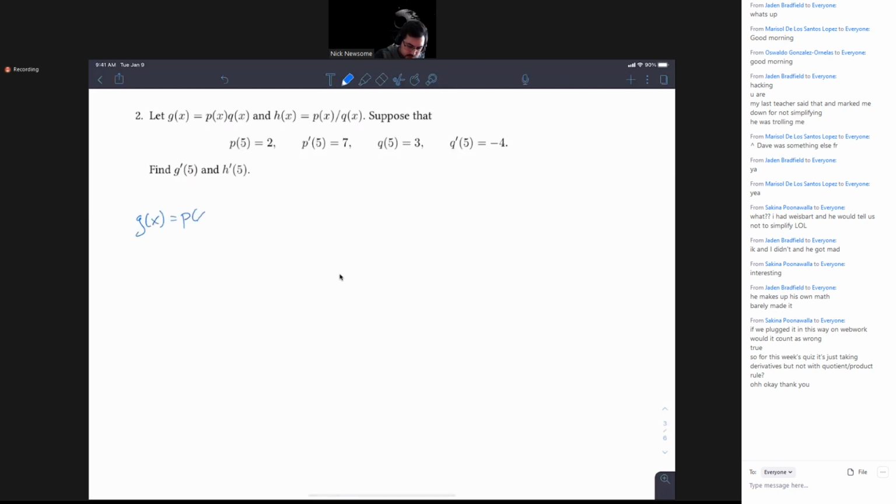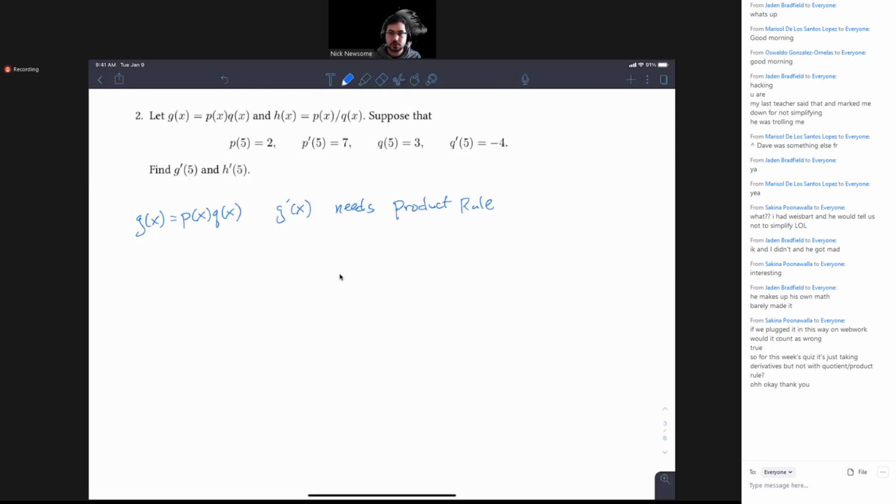Okay, so if g of x is the product of two functions, to take its derivative, we need product rule. And so this is a really good problem to get the idea of what product rule does in general. We don't have any specific functions.